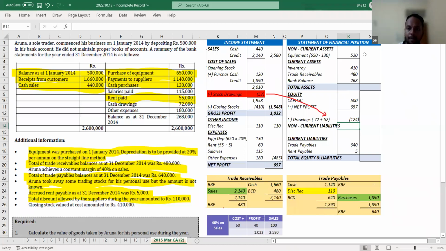So we can complete the rest of the question. 1,670.